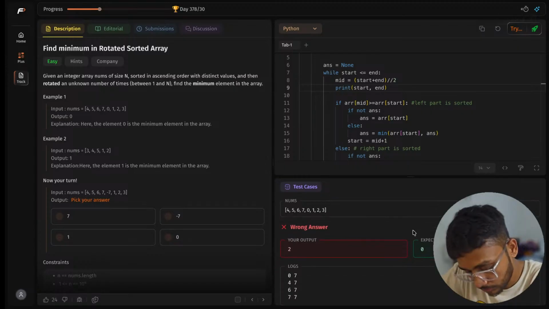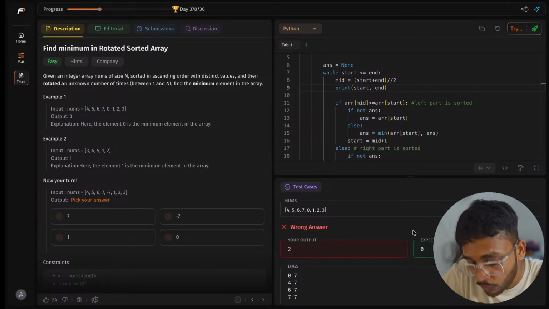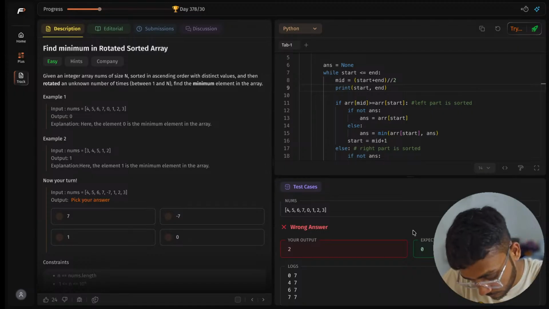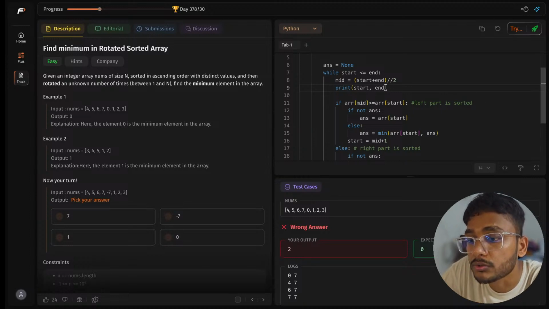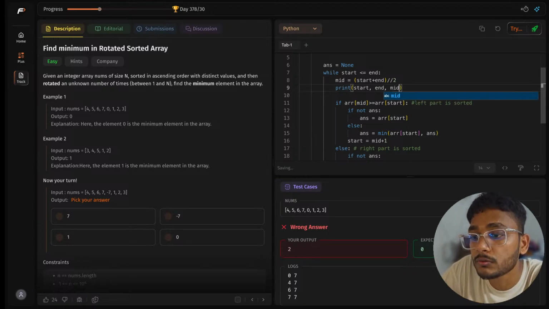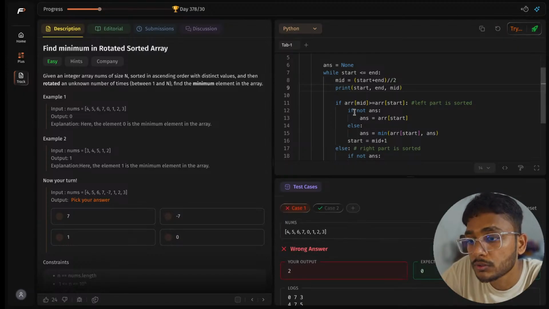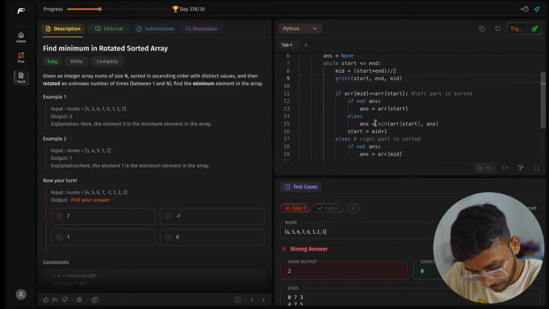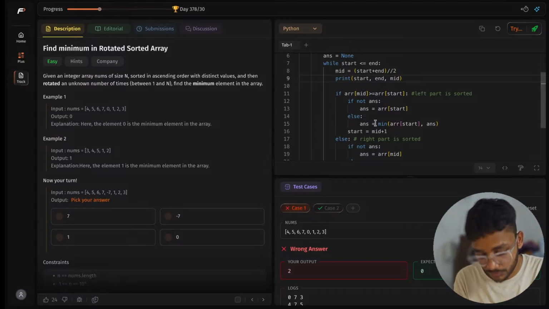First is 0 and 7. Great. And after that, why 4 and 7? Mid will be 3, so we compared 3. So array of mid is greater than or equal to array of start.